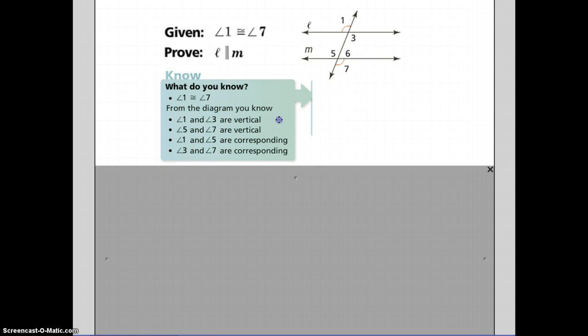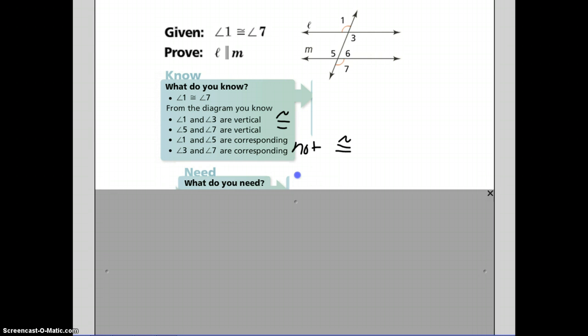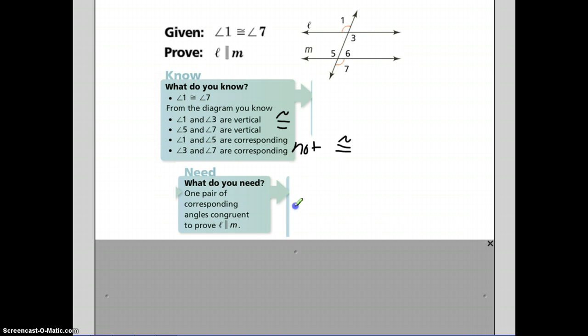Now, these vertical angles, we know they are congruent, but these corresponding angles right now, we do not know that they are congruent because we do not know that our lines are parallel. So, what we need to do is find one pair of these corresponding angles to be congruent.